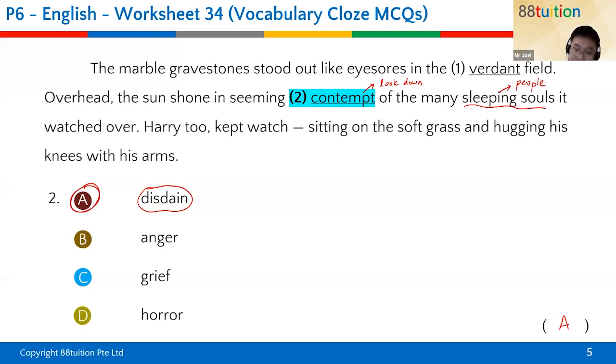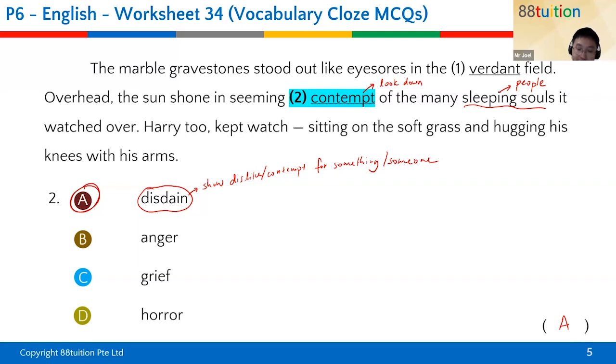So same thing, right? Disdain is to show dislike, or disdain can be to show contempt for something or someone. So that's disdain. That's why it's the best answer for number 2.